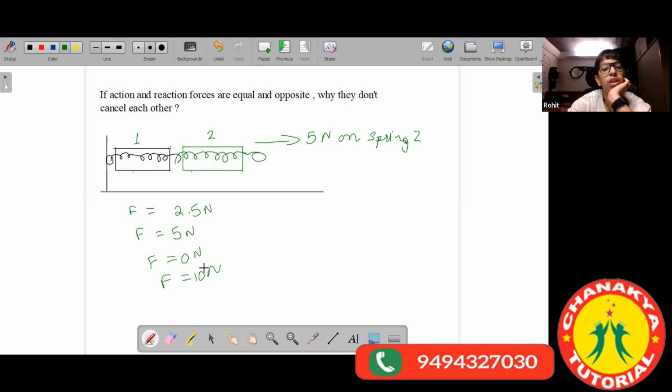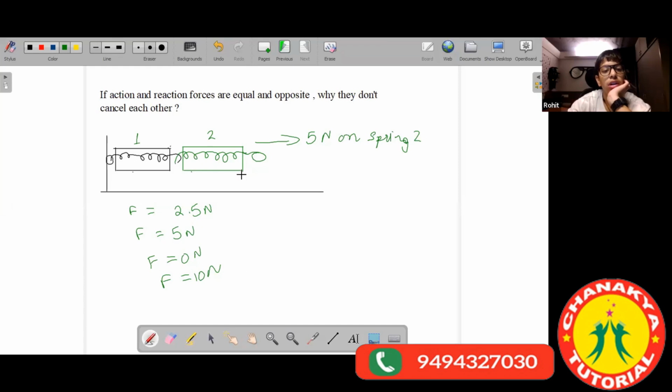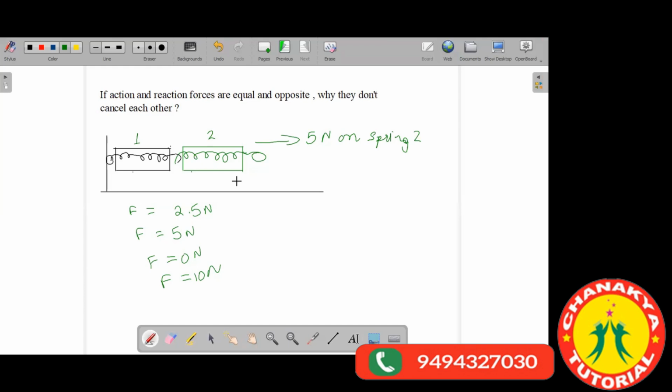Sir, will it be half of 5 Newton? Sir, I think it will be the same because the opposite reaction will be given by spring 1 as well. Okay, understand this complete phenomenon. Here spring 2 is pulled, I am applying a force of 5 Newton on spring 2. So spring 2 will show a force of 5 Newton.